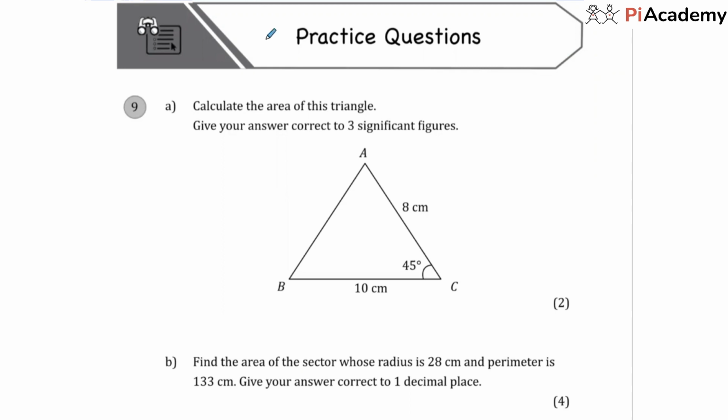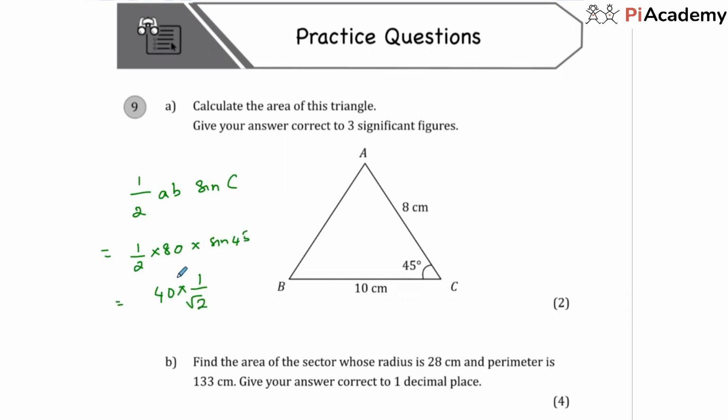What formula did you use? For the first one, you use half ab sine C. You could also use half base times height. That is 40 times sine 45, which is 1 over root 2.